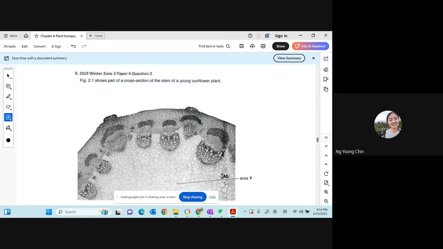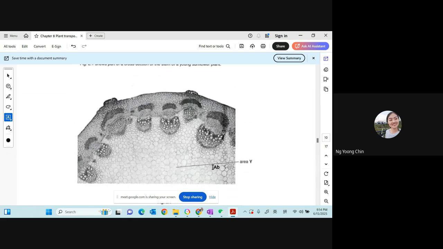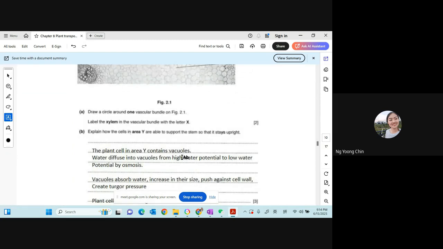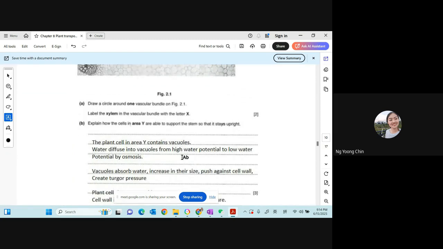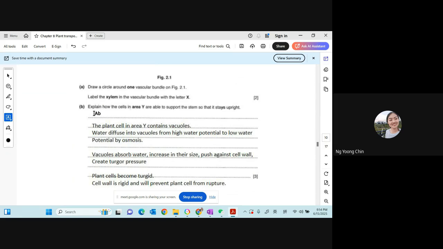Okay, so this is how the exam will ask you to define what is area Y. So what is area Y? Area Y is the plant cell, which contains the vacuole. Then explain how the cells in area Y are able to support the stem so that it is able to stay upright.